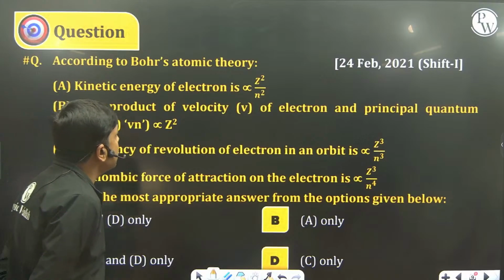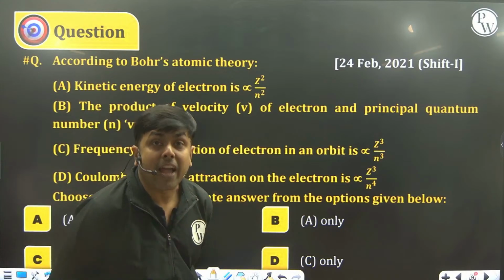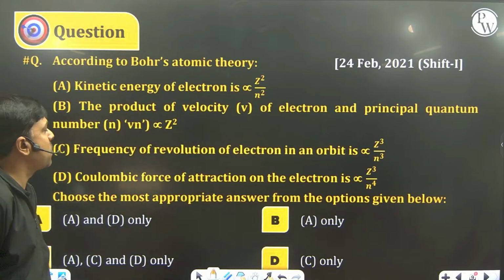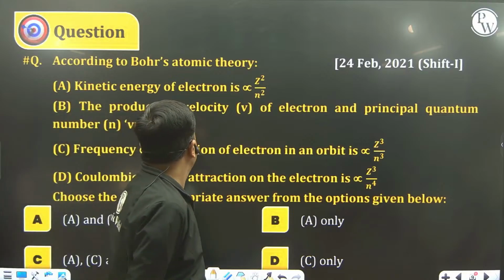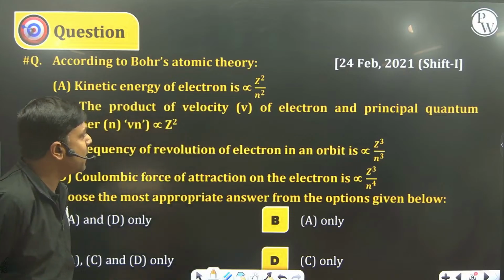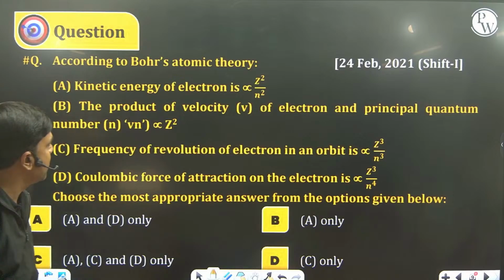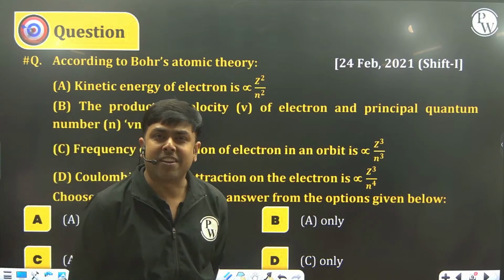According to Bohr's atomic theory, kinetic energy of electron is directly proportional to z square upon n square. Option 2, the product of velocity of electron and principal quantum number is directly proportional to z square.